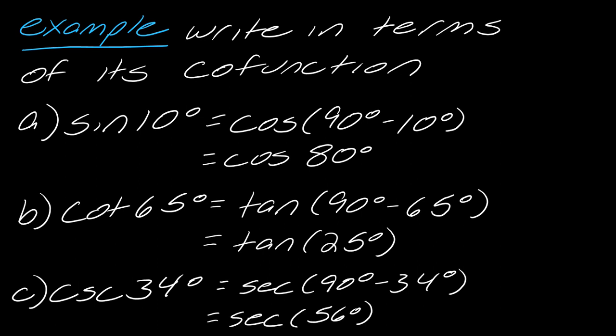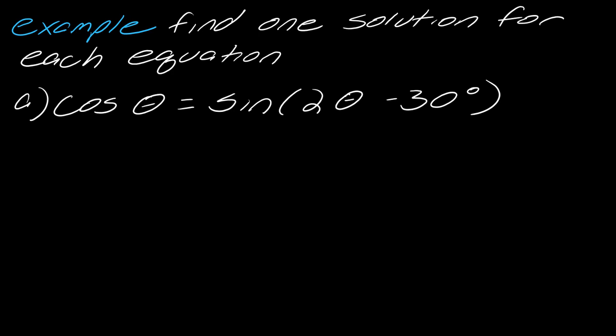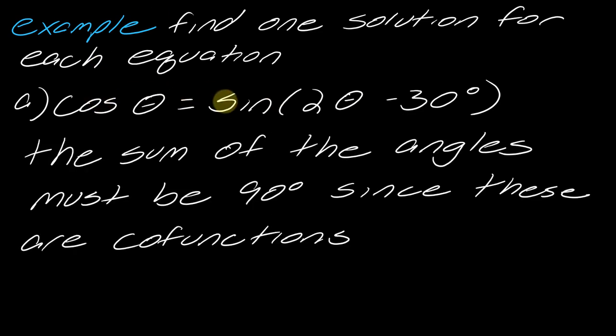Okay, and let's just talk about one other type of example. Let's find one solution for each equation. This is kind of an interesting set of problems. I've got cosine of theta equals sine of 2 theta minus 30 degrees. The key to note here is that these two are cofunctions. Cosine and sine are cofunctions. So what that means is that the sum of the angles has to add up to 90 degrees. This is really, really important when solving these types of problems.